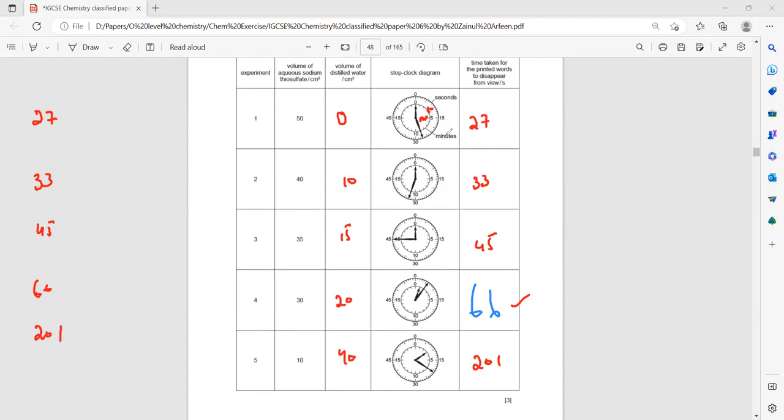So you can see clearly that as we reduce the amount of thiosulfate, as the concentration of thiosulfate in the mixture is decreasing, the rate of reaction is also decreasing. So it is taking longer for the cross or the printed text to disappear.